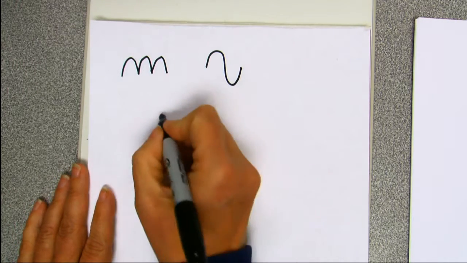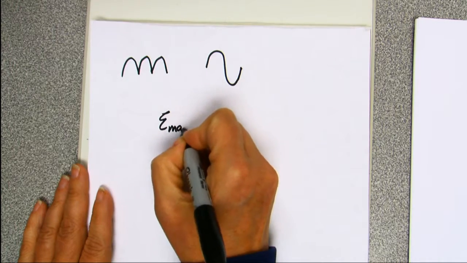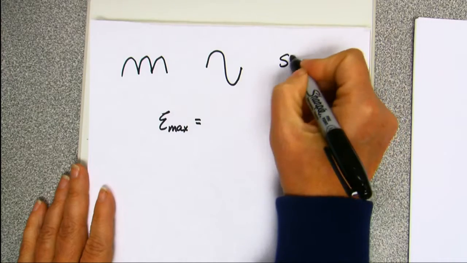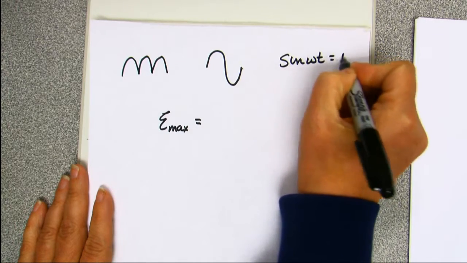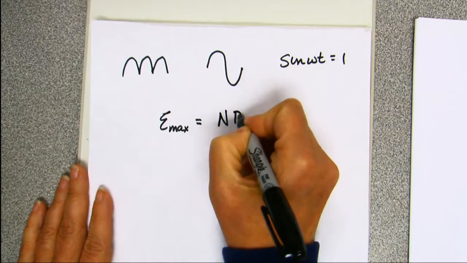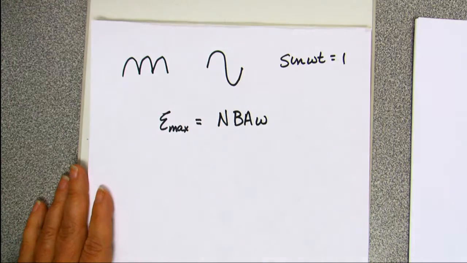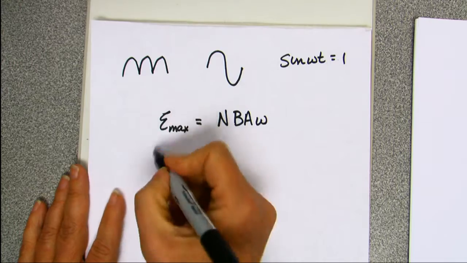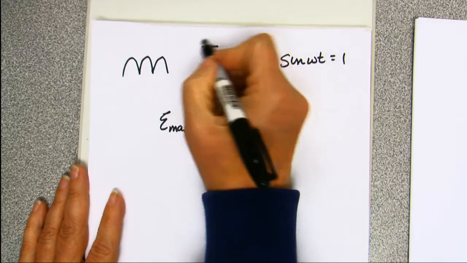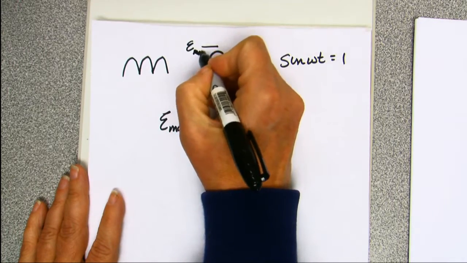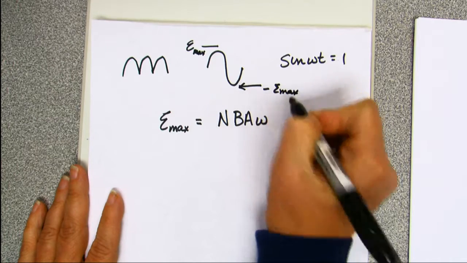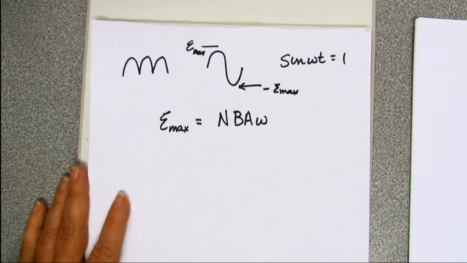So, the maximum EMF that we're going to get is going to be when sine omega t is equal to 1. So that's going to be NBA omega. That's my maximum. And in the case of here, I'm going to go from Emax to minus Emax. I'm going to go back and forth.